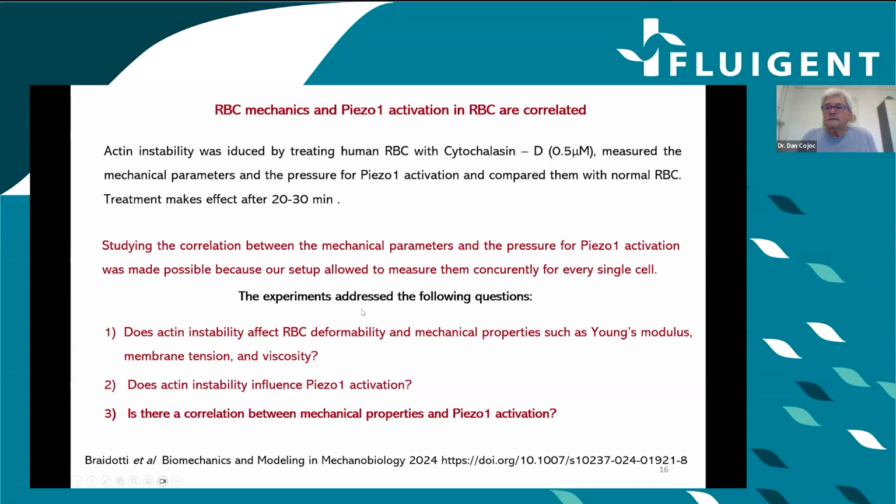The experiments address the following questions. Does actin instability affect cells' deformability and mechanical properties, such as Young modulus, membrane tension, and viscosity? Does actin instability influence Piezo1 activation? And finally, is there a correlation between mechanical properties and Piezo1 activation?